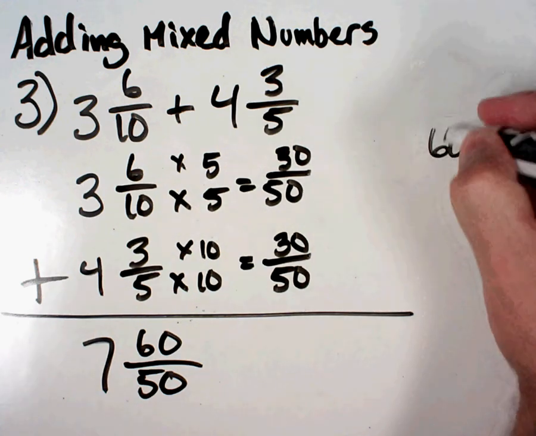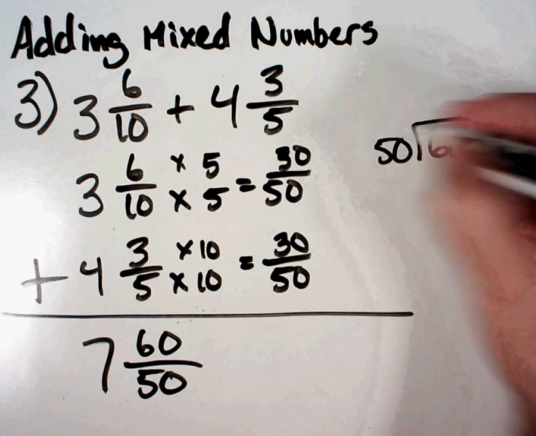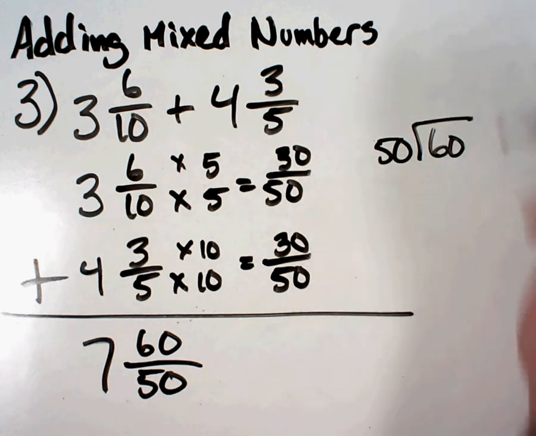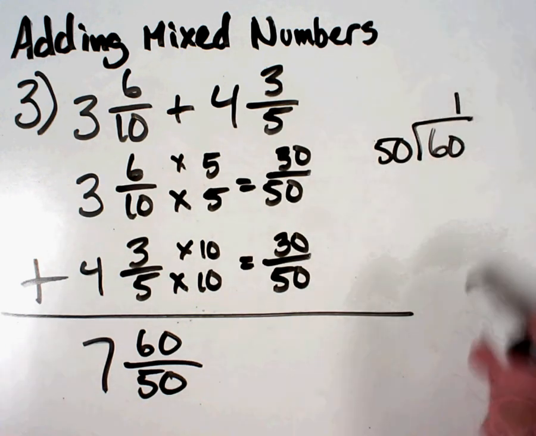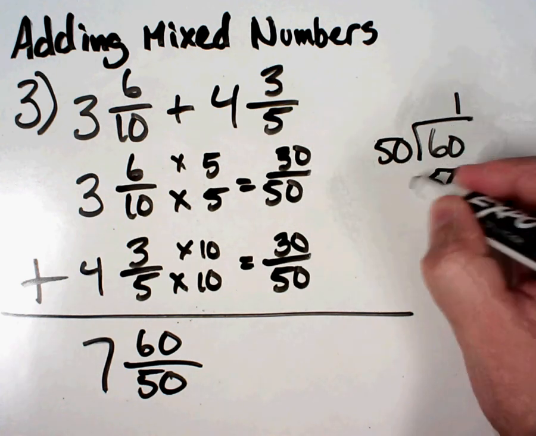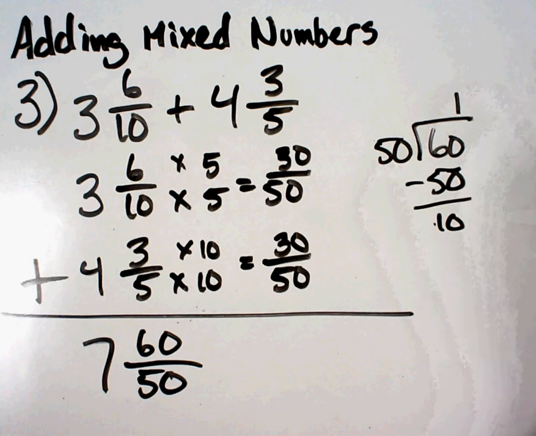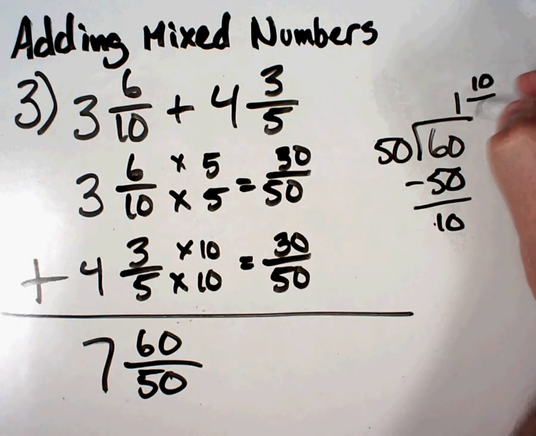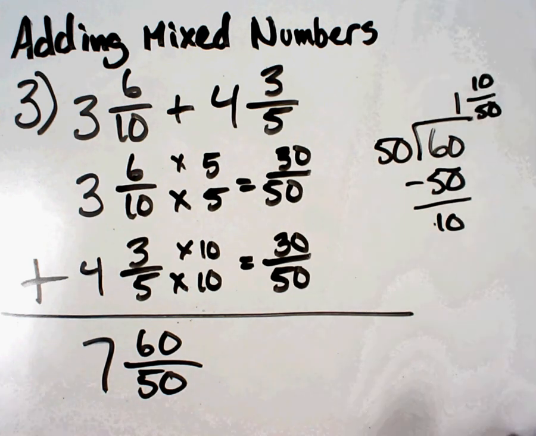So I'm going to have 60 divided by 50. 50 goes into 60 one time. 1 times 50 is 50. And so my remainder is 10/50.